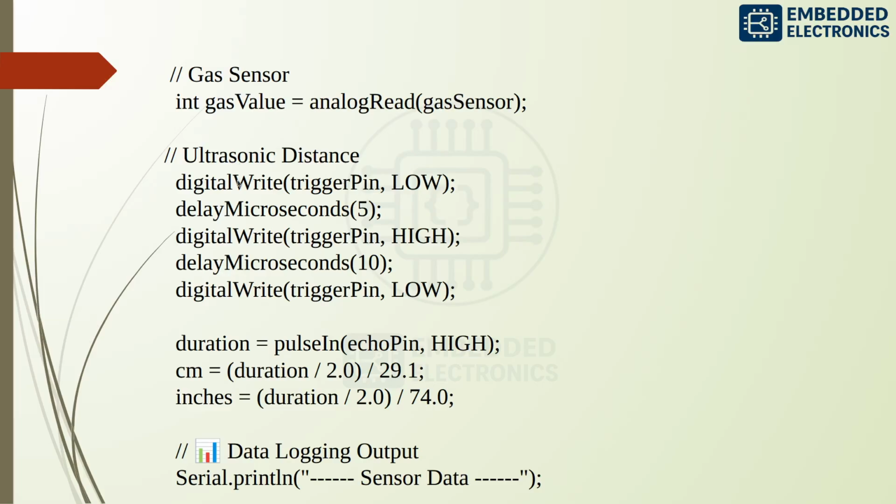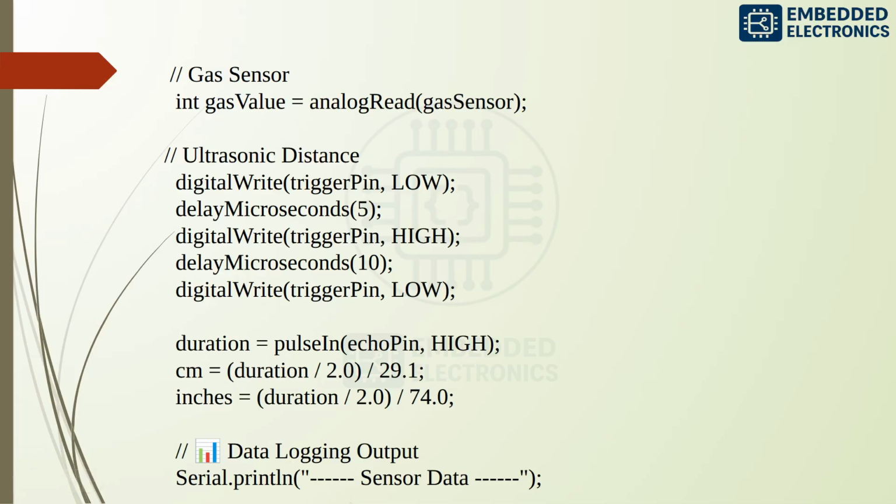It sends a signal, then calculates the distance. First it finds the duration, then using that it converts to distance in centimeters, and next converts the distance into inches. And here you can see the data logging output.